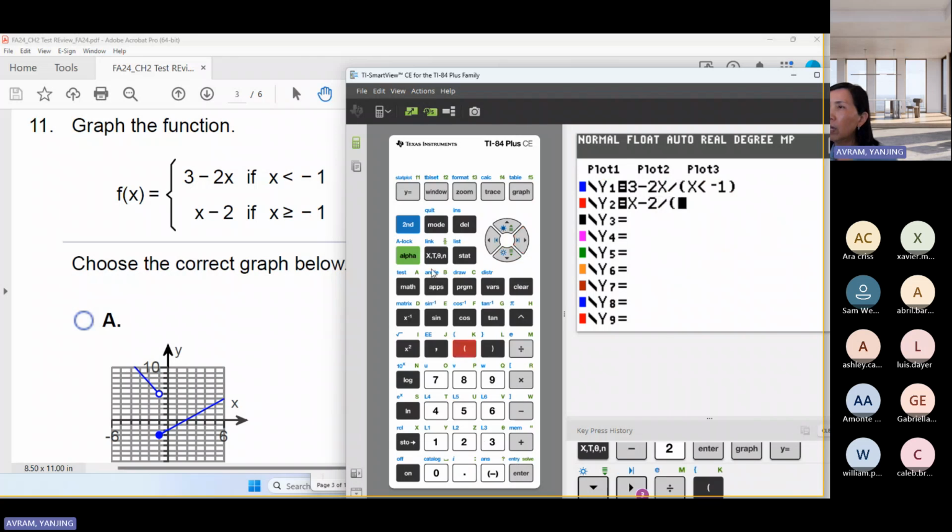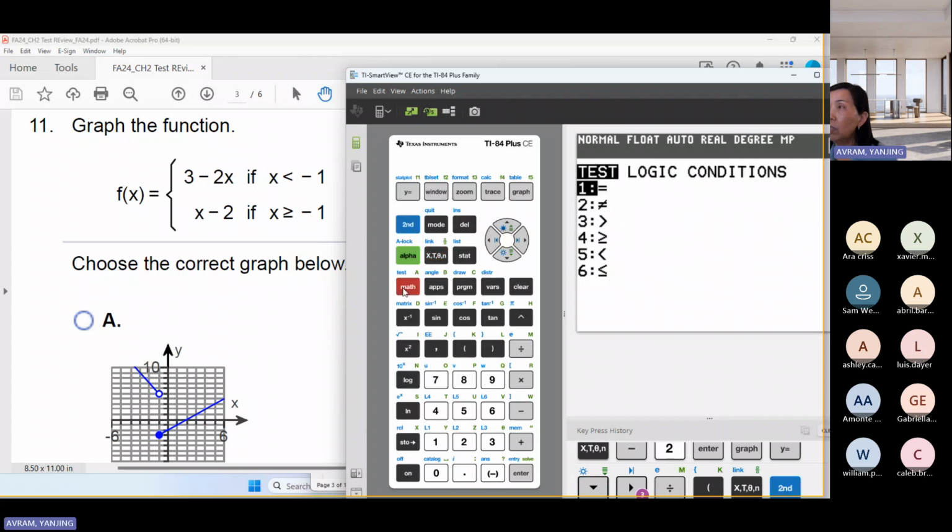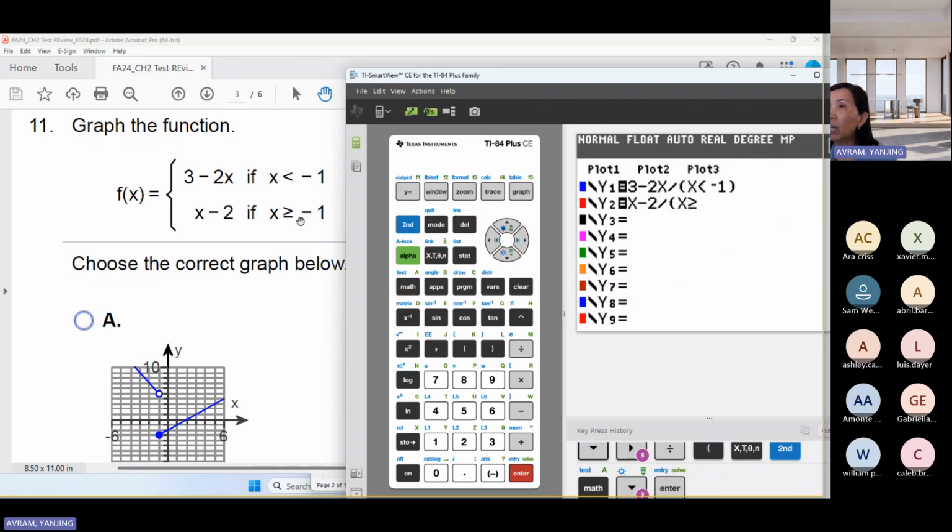Make sure you specify the x value. This time it is greater than or equal to -1. Make sure for -1 you use the one with the parenthesis.